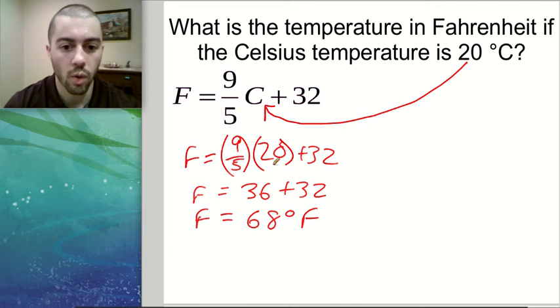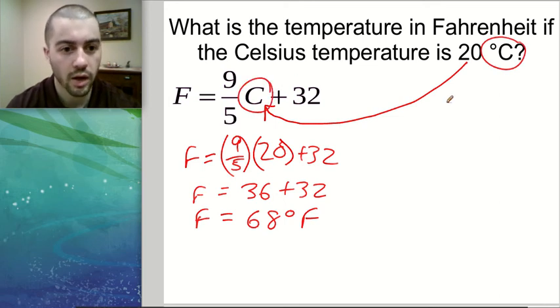Again, we first did the multiplication and division, following order of operations, PEMDAS, and then the addition. The key is we plug our temperature into the proper spot in the formula. We had Celsius, so that goes in the Celsius spot.